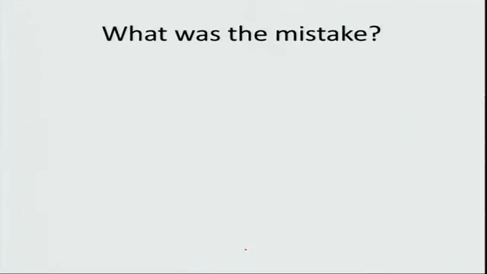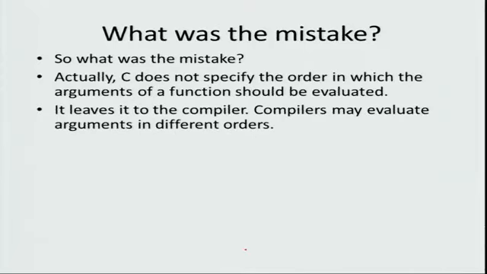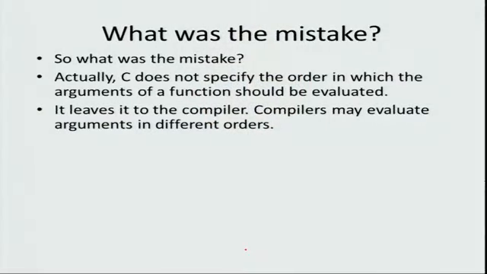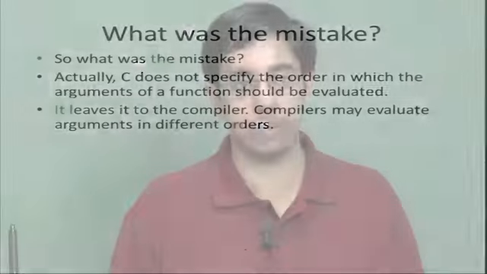Okay. So, what was the mistake? The mistake was that we assume that both arguments will be evaluated before the function is called, but we assume that it will be evaluated left to right, and the first expression will be evaluated before the second expression. That is a reasonable assumption to make, but C does not guarantee you that. Okay. C leaves these decisions to the compiler.